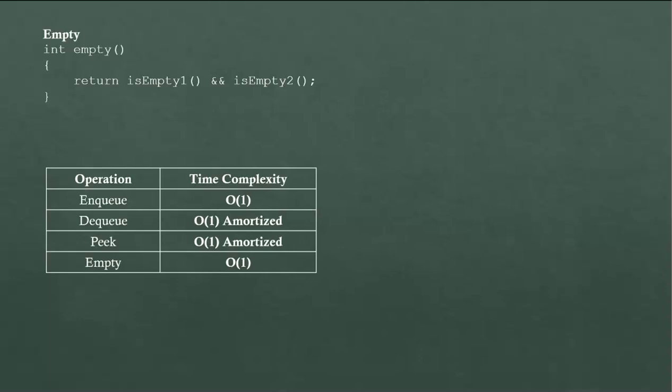However, notice that each element is moved from stack 1 to stack 2 exactly once during its entire lifetime in the queue. So when you average the cost across all operations, the cost per operation is incredibly small. Therefore the amortized time complexity for both dequeue and peek is a highly efficient order of 1.